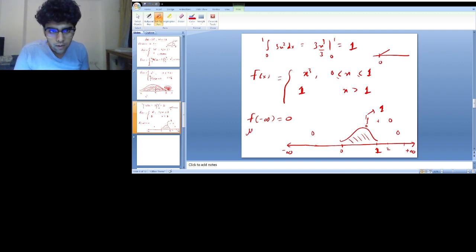So for any x approaching negative infinity, this will be 0 because I don't have any function. And if I write the limit as x goes to negative infinity of f(x), my f(x) is 0 for any x going to negative infinity. So this will be the limit as x goes to negative infinity of 0, which is equal to 0.